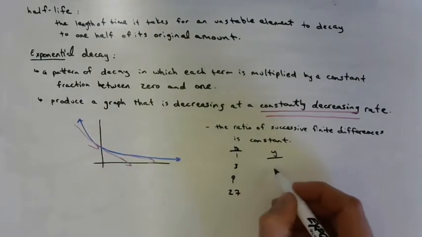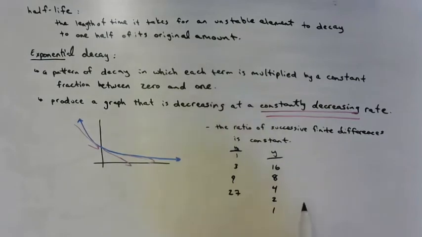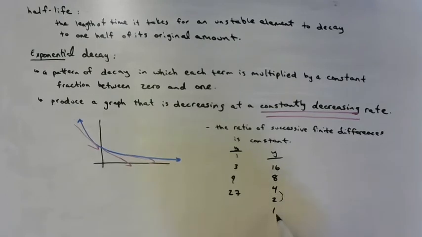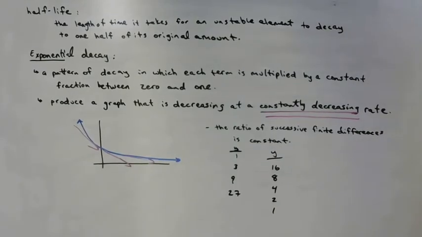Today, we're going to be looking at things that would be like this. And if you take successive y values, you'd end up with 8 over 16, which is 1/2, or 4 over 8, which is 1/2, or 2 over 4, which is 1/2, or 1 over 2, which is 1/2. That ratio of successive finite differences is going to be constant.